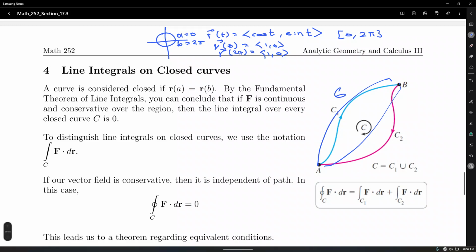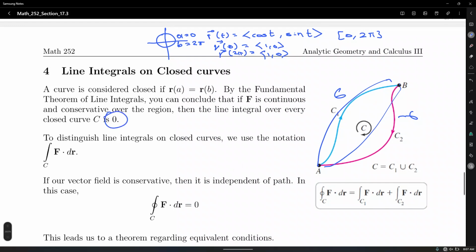However, what happens? If this is 6, what's the value of the integral along C2? Notice it's going in the opposite direction. What will be the value? Negative 6. What is 6 minus 6? Or 6 plus negative 6?